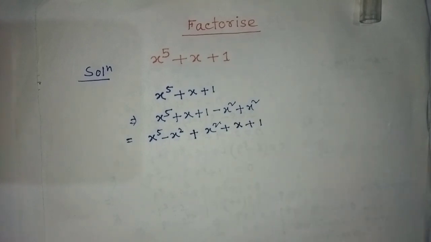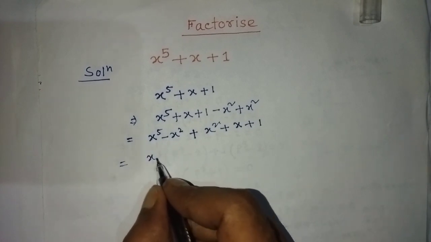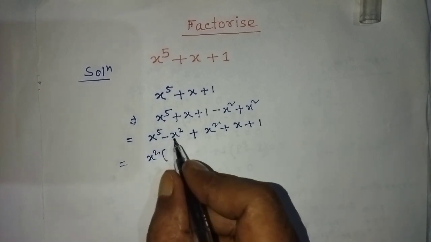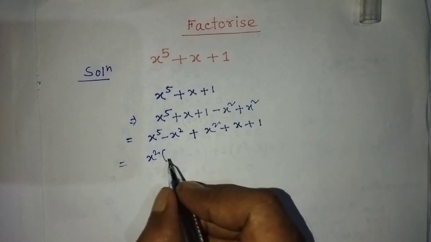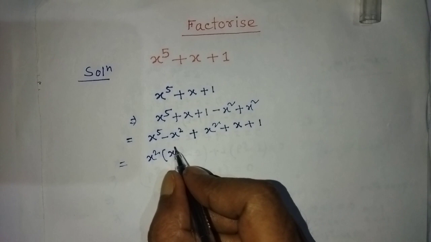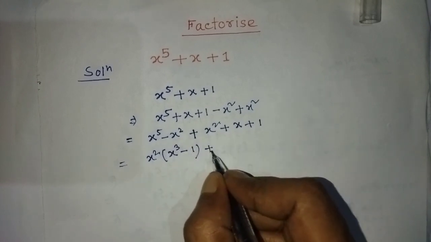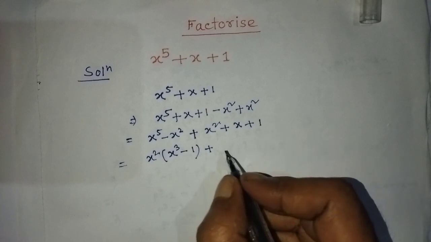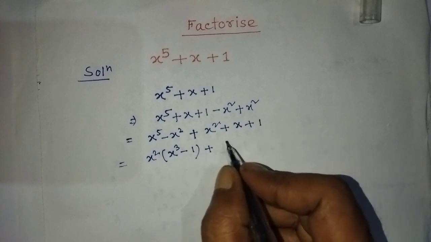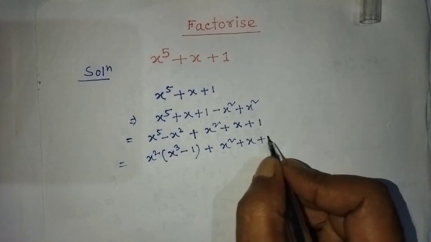Then we take common x square from the first two terms. Inside this bracket we write x to the power 3 minus 1 plus, and in this place again we write the same terms, x square plus x plus 1.